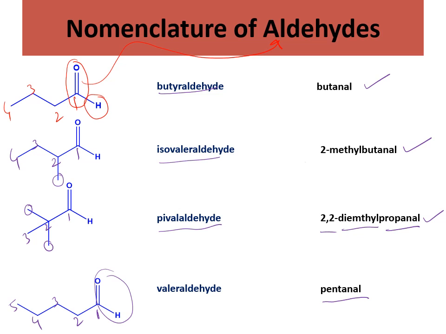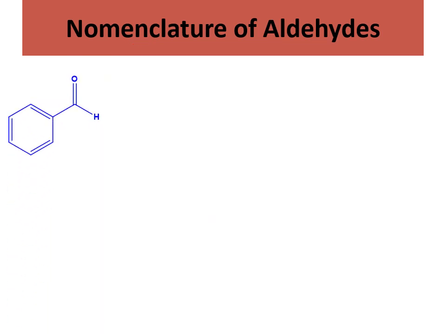I hope that you are focusing and paying attention and trying to grasp everything to avoid future inconveniences. And let us have some more examples. In this example, I have introduced an aromatic ring. So this compound is known as benzaldehyde, or what you can do is you can see that this is a carbon.